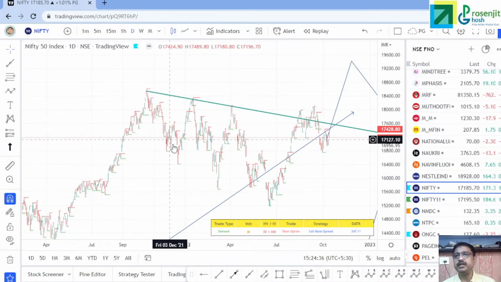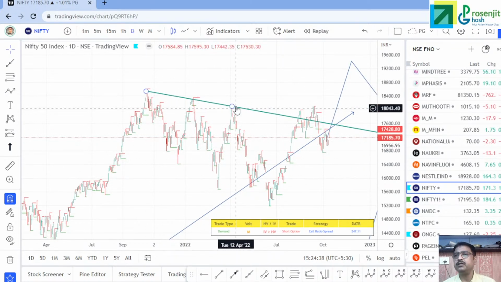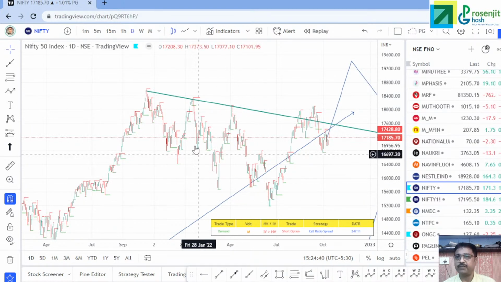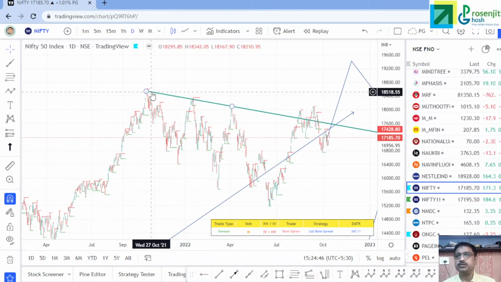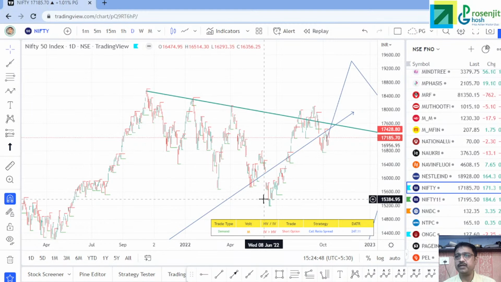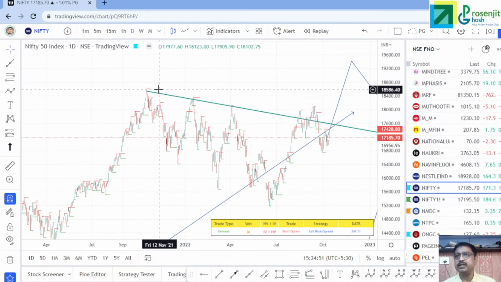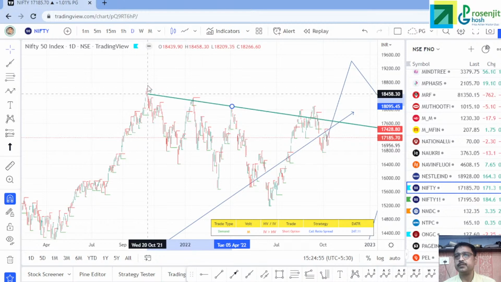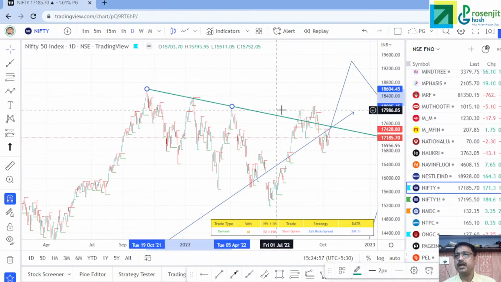This is a descending 3 drive. Descending 3 drives are bullish in nature, and in this case, price has engulfed the trend line. It has broken the trend line.